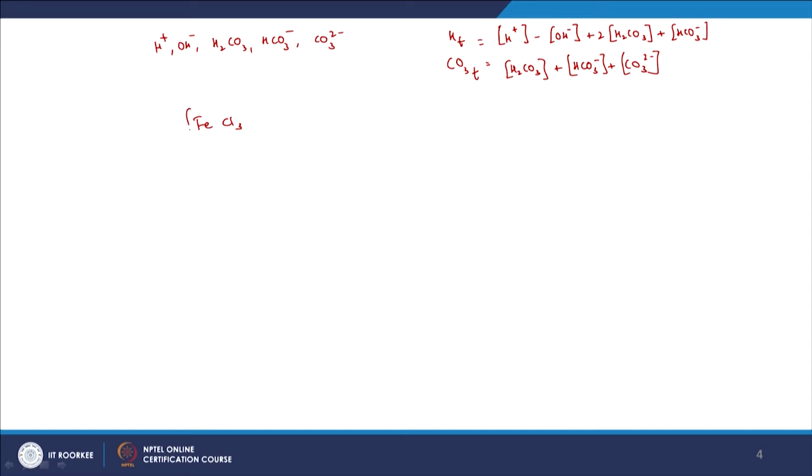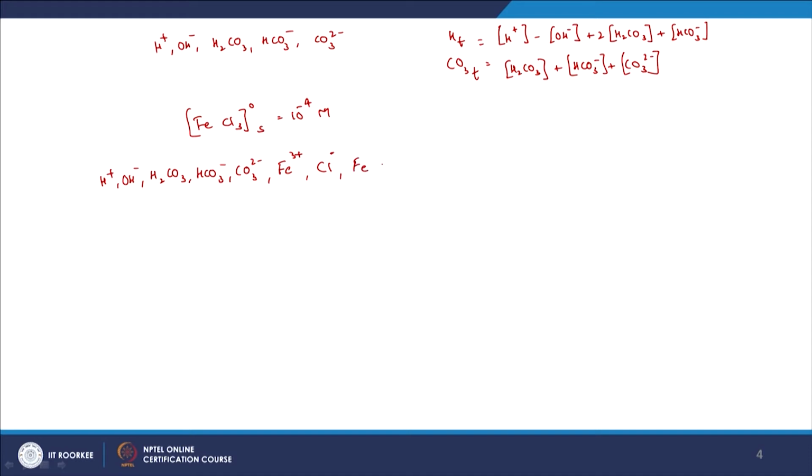But after adding FeCl3, the solid, at 10 power minus 4 molar concentration, what are the new species now? I know that it will still be H plus, OH minus, H2CO3, HCO3 minus, all the species present earlier, and also the free metal, and the salt Cl minus, and what else now?